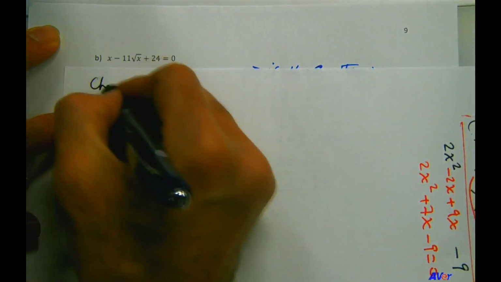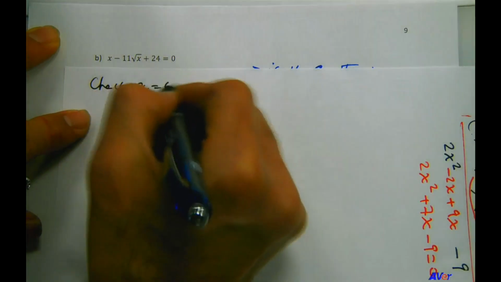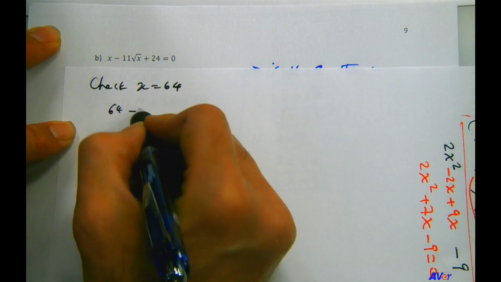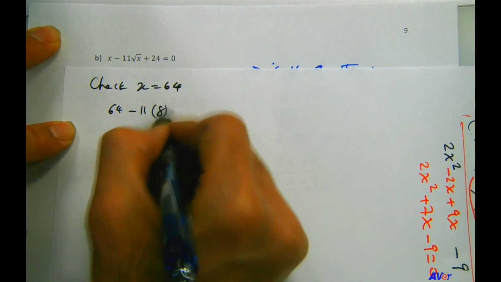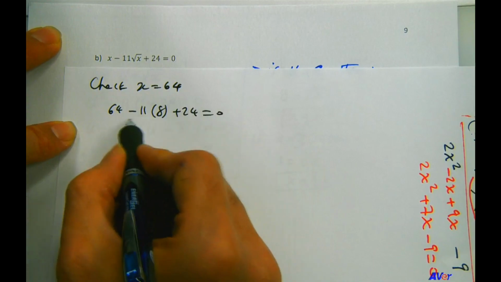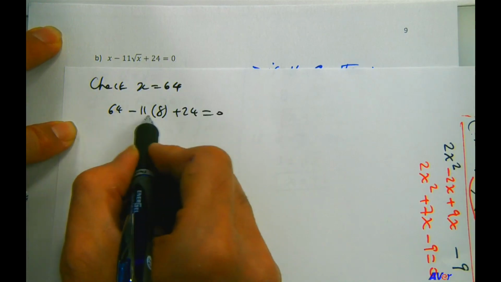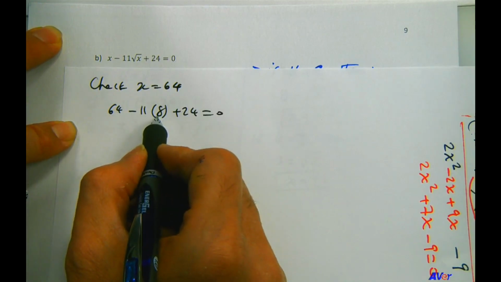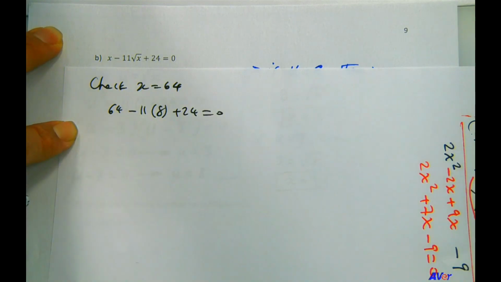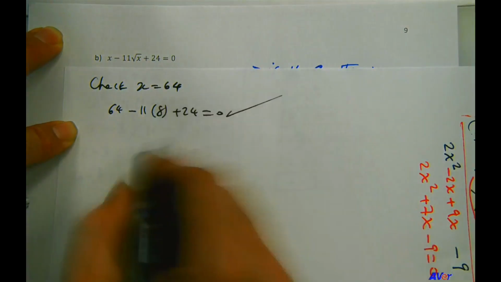So check x equals 64. So we have 64 minus 11 times 8 plus 24. Is that equal to 0? So this is 64 minus 88, and minus 88 plus 64, it is minus 24, and so minus 24 plus 24 is 0, yes.